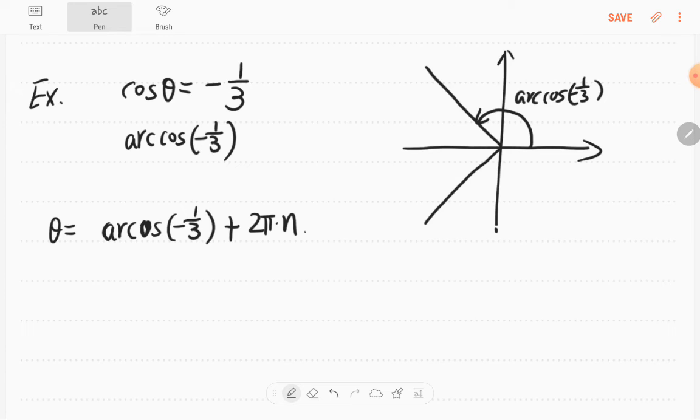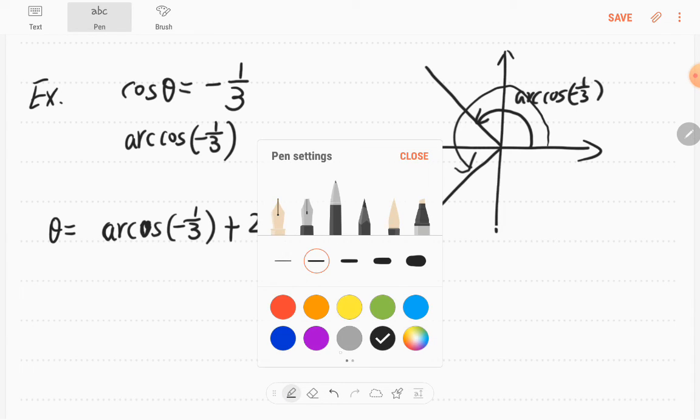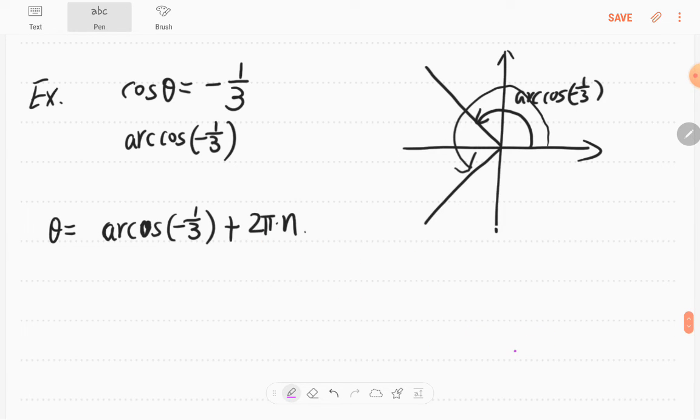Okay, so the next thing is, what is this angle? In other words, we need to find the angle with this terminal side.